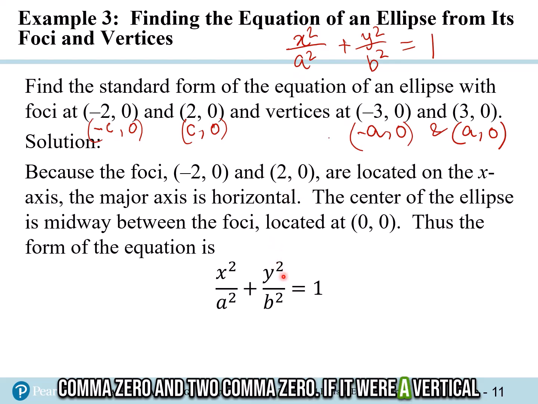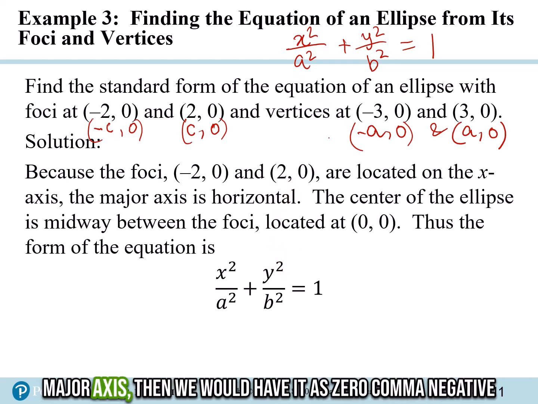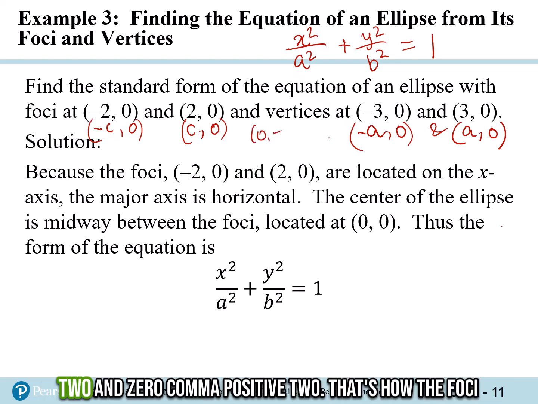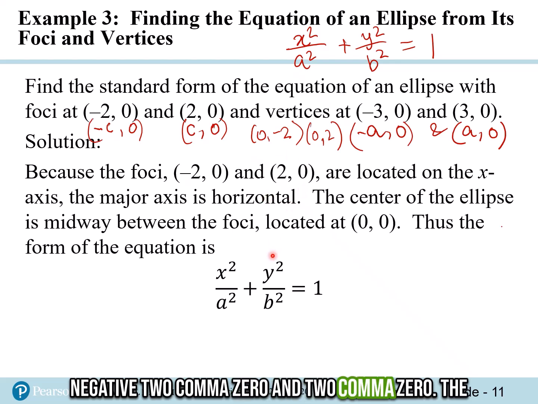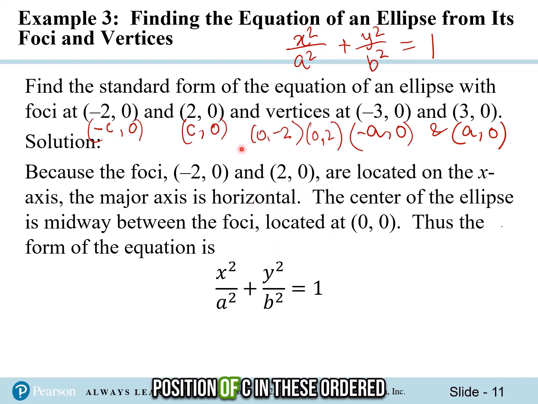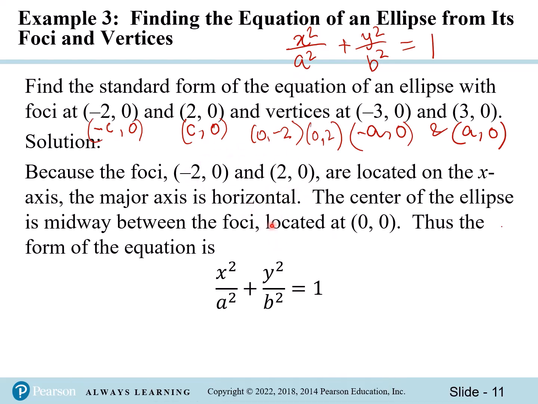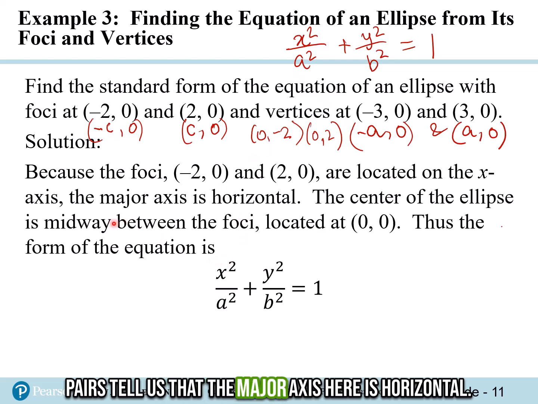If it were a vertical major axis, then we would have it as 0, -2 and 0, +2. That's how the foci would be represented. However, the coordinates are -2, 0 and 2, 0. The position of c in these ordered pairs tells us that the major axis here is horizontal.